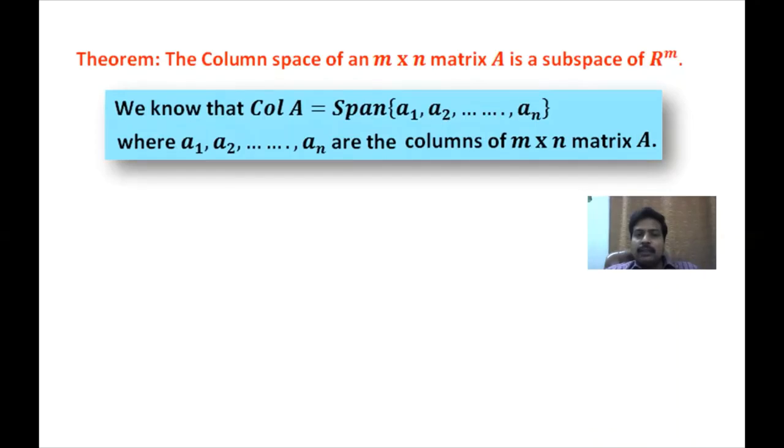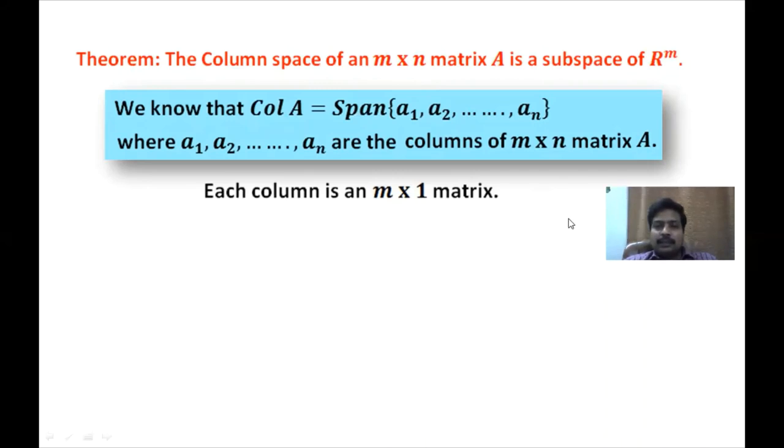So here A1, A2, An are the columns of the matrix A, and each column is an m by 1 matrix. Since these are m by 1 matrices, that is nothing but m-tuples, these are all elements of Rm.